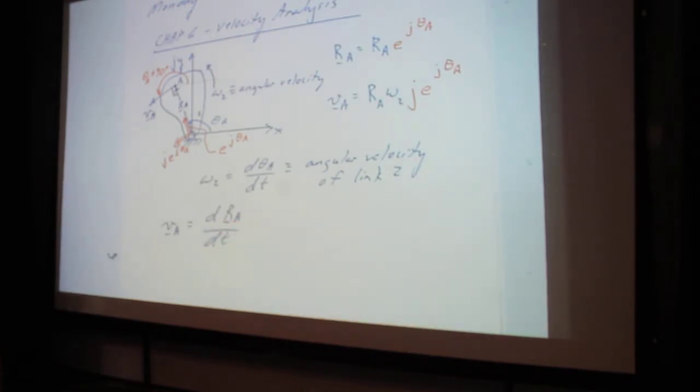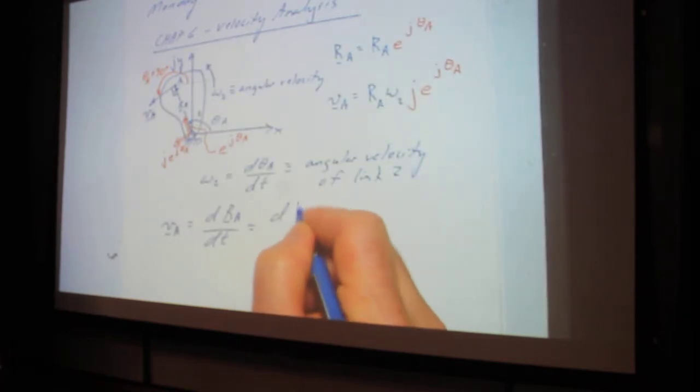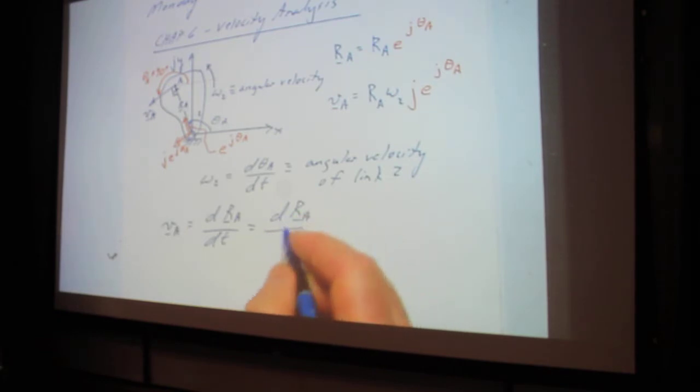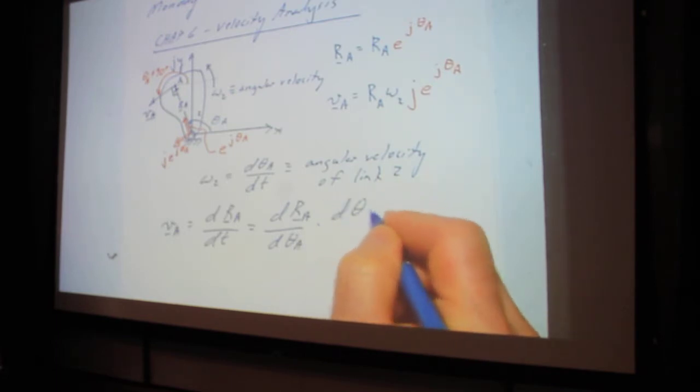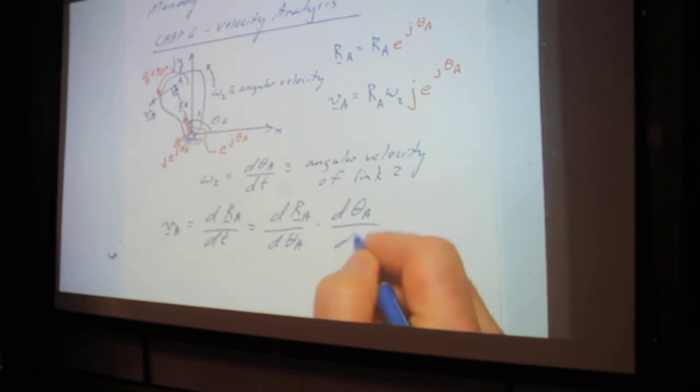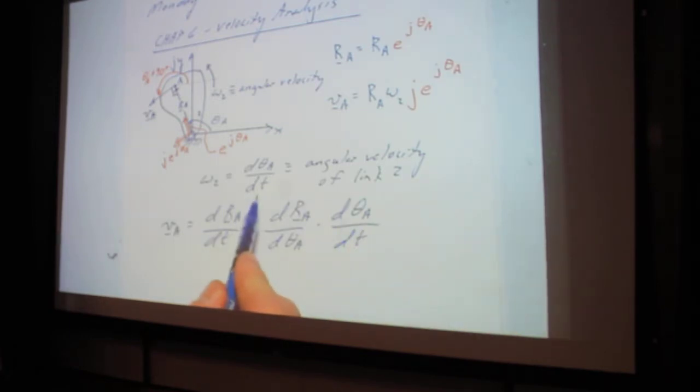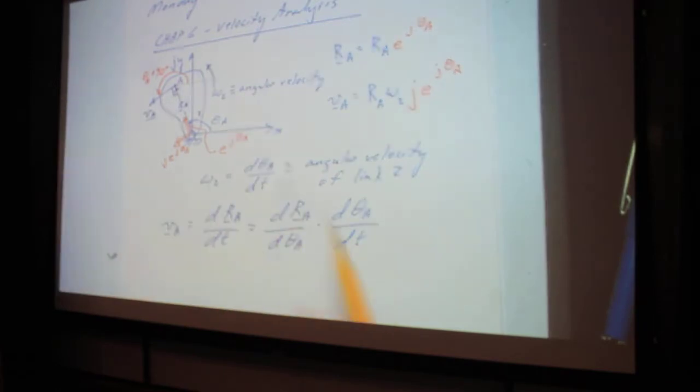And so using the chain rule on this, I can say the derivative of RA with respect to theta A, times d theta A dt. Note that omega 2 here, as we already wrote, is d theta A dt. So this thing right here is that.